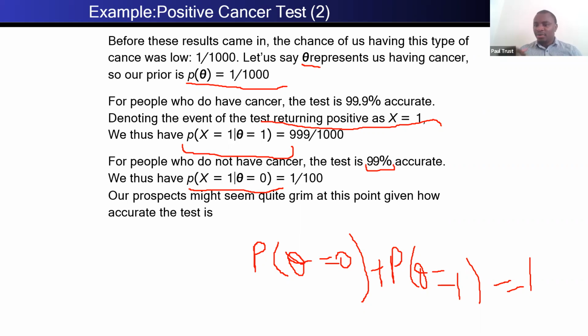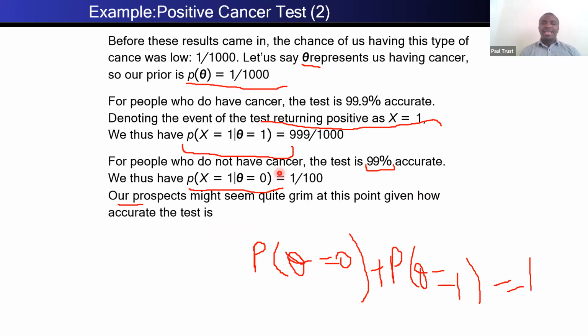Because here we are worried, we already have a positive result. We want to know, is it actually a false positive? Our prospects might seem quite grim at this point, given how accurate the test is.